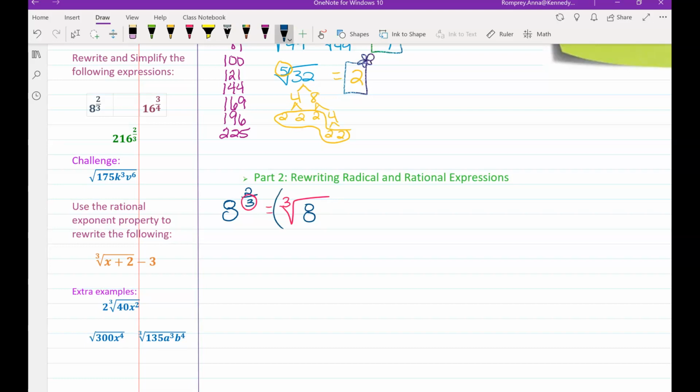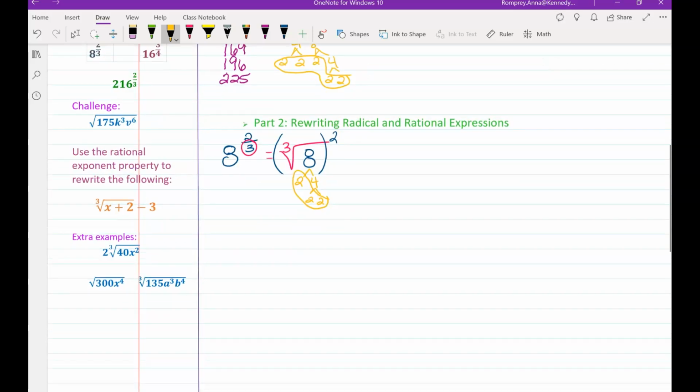I usually like to put the exponent on the outside because this gives me a smaller number to work with to simplify that radical. So the cube root of 8, I know what the cube root of 8 is, but if you don't, 8 breaks down to 2 and 4, and then 4 breaks down to 2 and 2. So the cube root of 8 is 2.